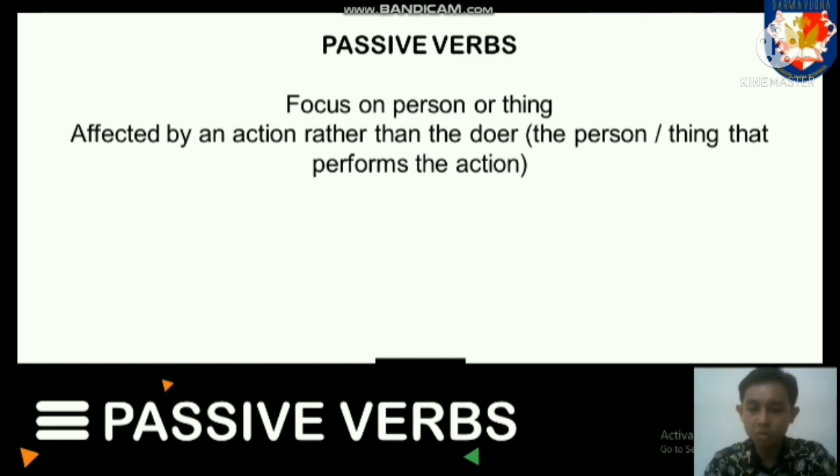We focus not on the doer, but on the person or thing given an action by the doer. So that's what we focus on with passive verbs. That's why in passive sentences the object is always in front, right?